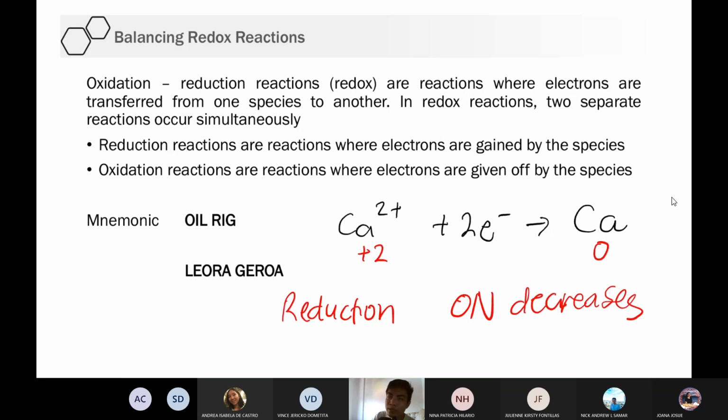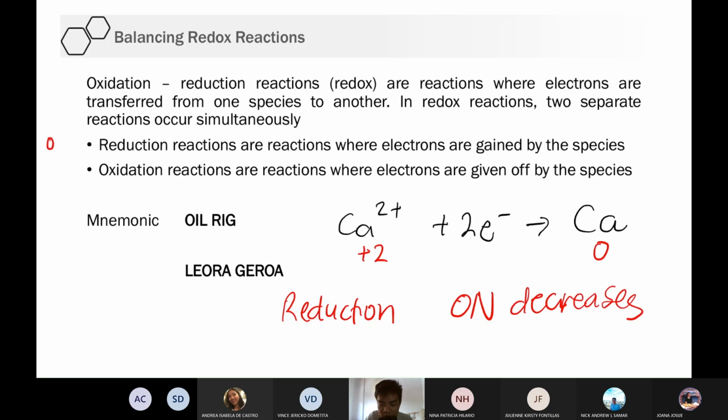Okay? So makikita mo yun sa isang chemical reaction. If the oxidation number of that specific element decreased, no? Makikita mo yun. Pag nakita mo sa reaction, the oxidation number of that element decreased, ibig sabihin, reduction yun. Okay? Reduction reaction yan. Okay? So, yan yung implication.